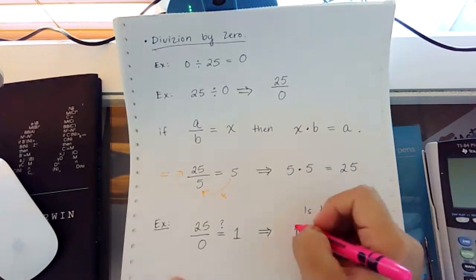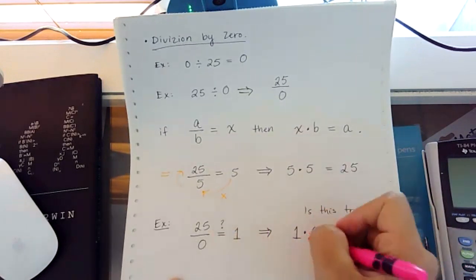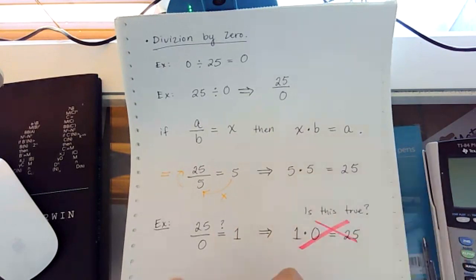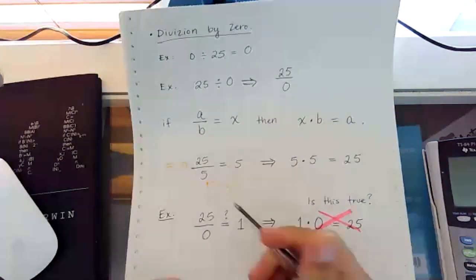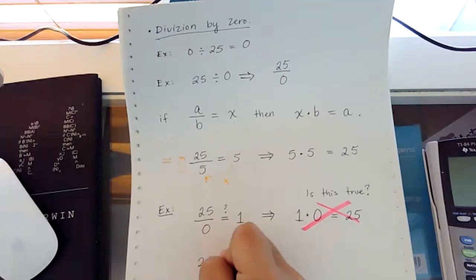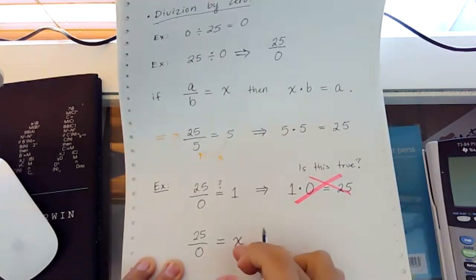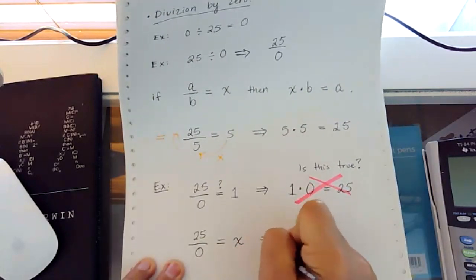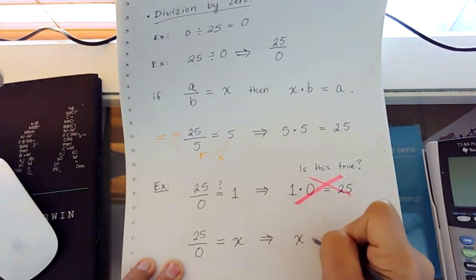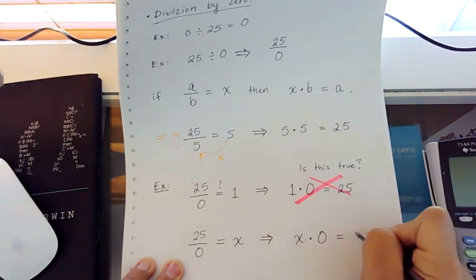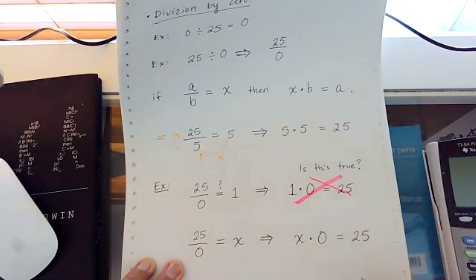Okay, let me say that this is not true. So let's think about 25 divided by 0 being equal to some number, x. And that has to imply that some number times 0 equals 25, right? By that definition that I've given you.